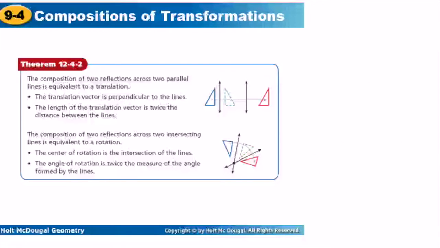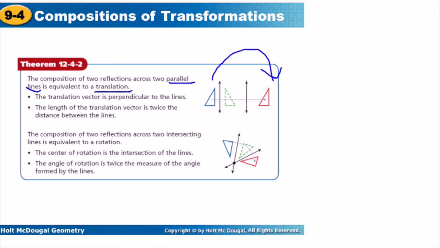So we're learning about composition of transformations, and while we're learning about it, there are a couple of theorems that you need to be aware of that will help you in the long run. The first is our theorem based on reflections and parallel lines. When you have two reflections over a set of parallel lines, then from your first pre-image to your second image, it is considered a translation.